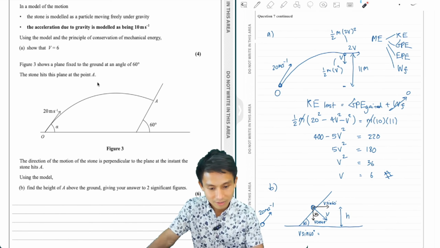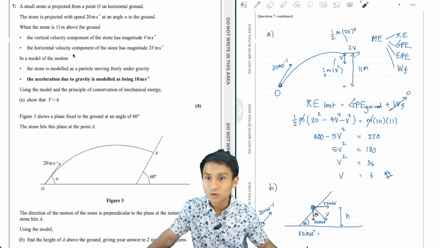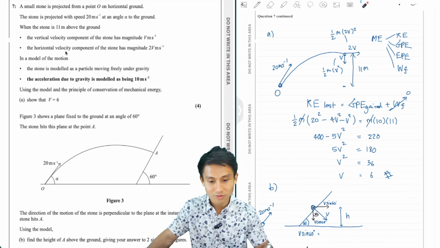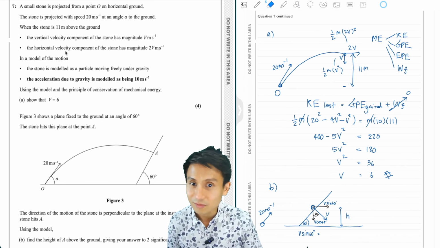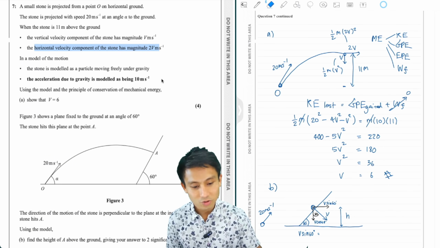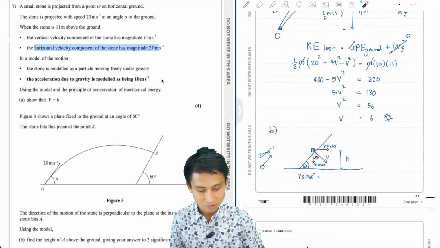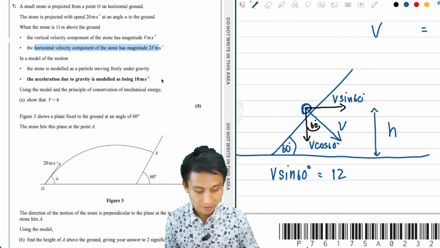Looking at it, it's this one, 2V, right? It was 2V. Oh, that was vertical. Oh, I swapped the thing here. The horizontal, oh, it's right. Okay, the horizontal component is 2V, yeah. So 2V, because we already know that V is 6, so the horizontal component is 12. Okay?